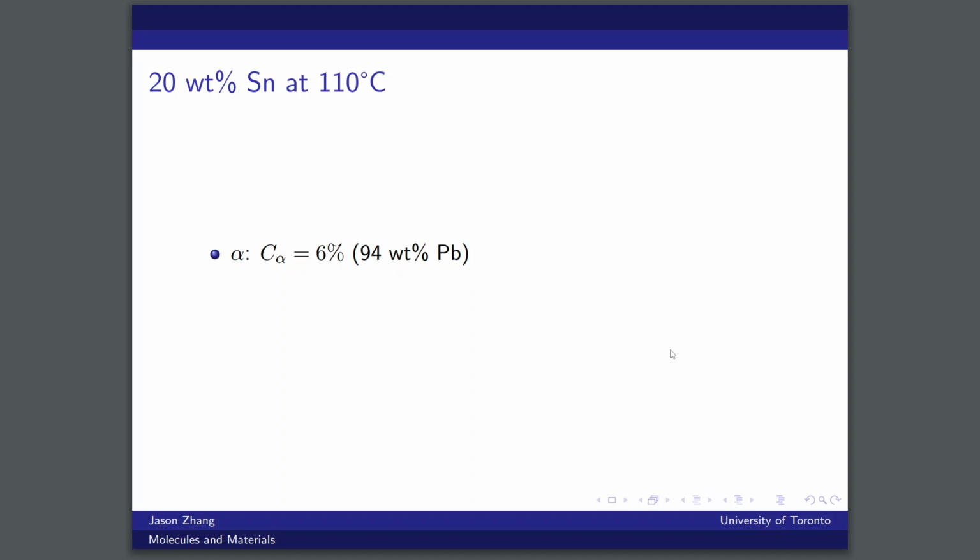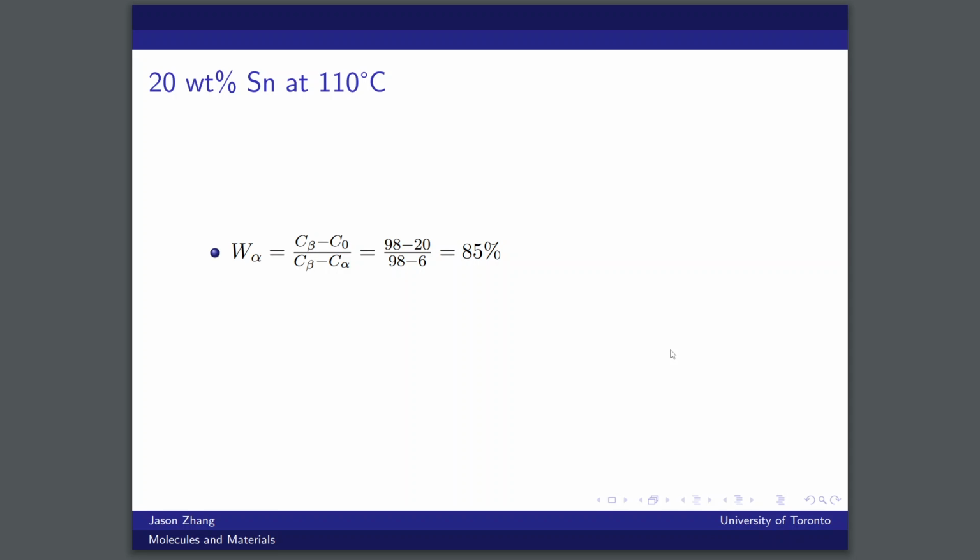So the composition of alpha is going to be 6% tin, so that would be 94 weight percent lead, and the composition for beta would be around 98% tin or 2 weight percent lead.